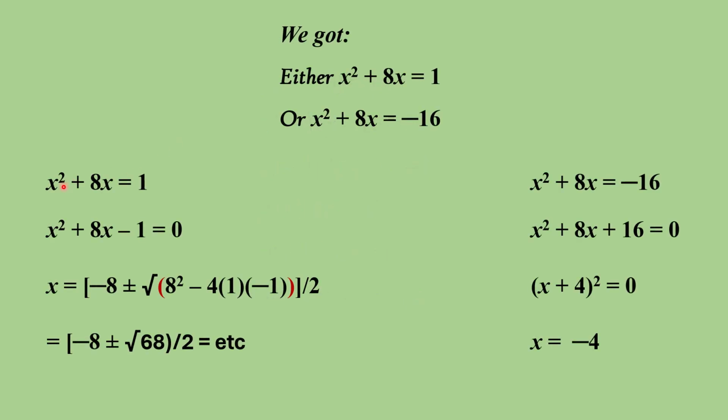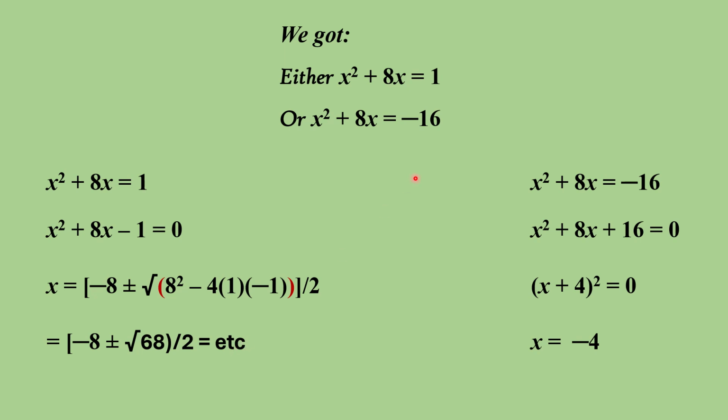So first we are solving x square plus 8x equal to 1, or x square plus 8x minus 1 equal to 0. Now we apply the quadratic equation formula, minus b plus minus square root of b square minus 4ac whole divided by 2. And we see that we are not getting an integer. So we reject that because x was an integer.